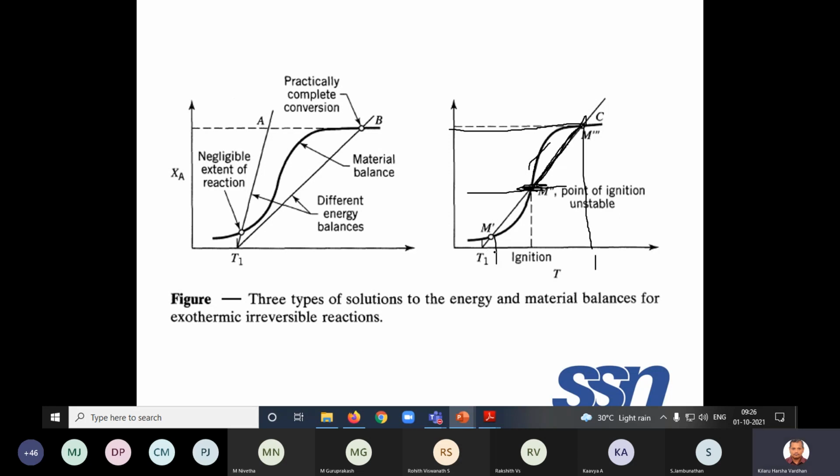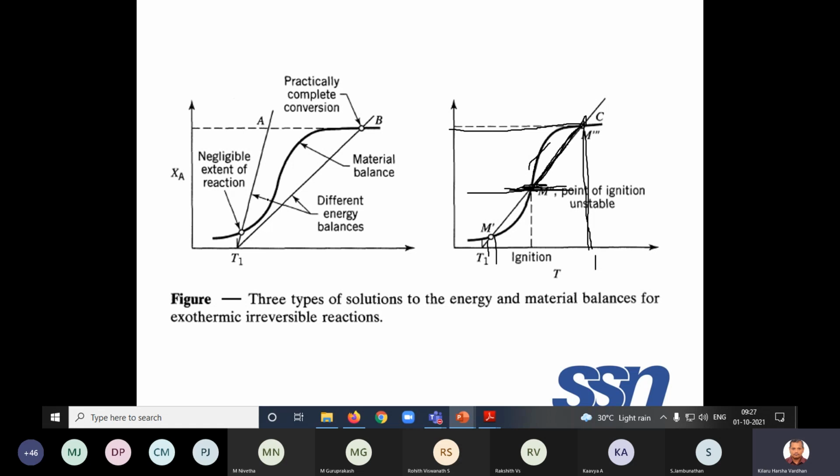If you are coming down, this is what we call multiple steady states in reactors. So you want to operate at this particular point, even a small change in temperature, it will go to another steady state. Even a small decrease in temperature, it goes to another steady state. Right?